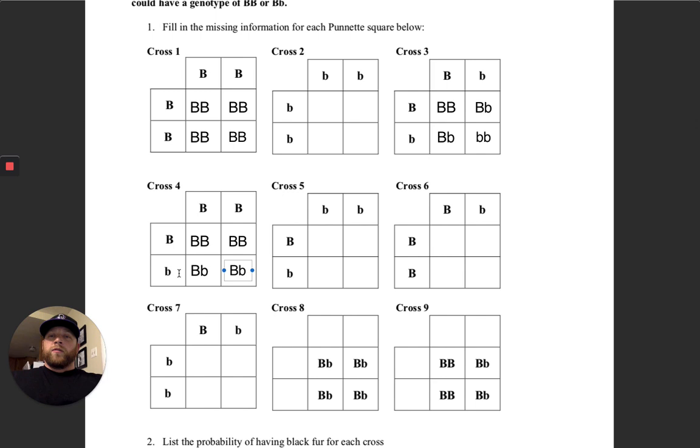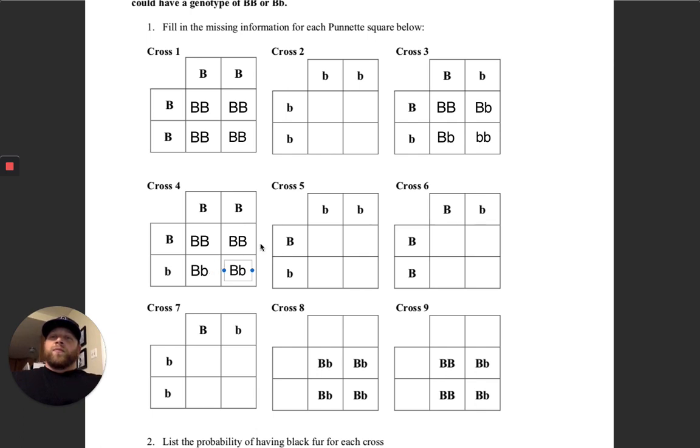So when these 2 cross, it means all of their children will have black fur, so they would all have the phenotype of black fur. Remember, phenotype is the characteristic that is expressed.